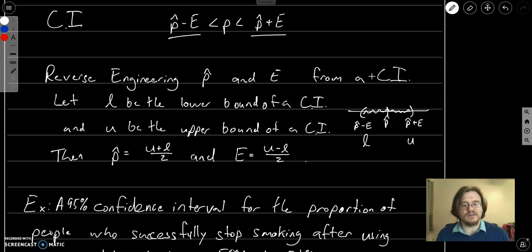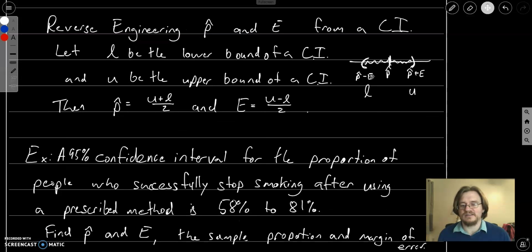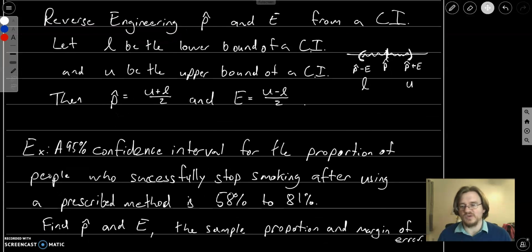Also, the margin of error is the distance from the midpoint to the edge, or in other words, half the distance from the lower endpoint to the upper endpoint. So if you take the difference and divide it by 2, this is just going to be the margin of error. So we can go through a quick example.